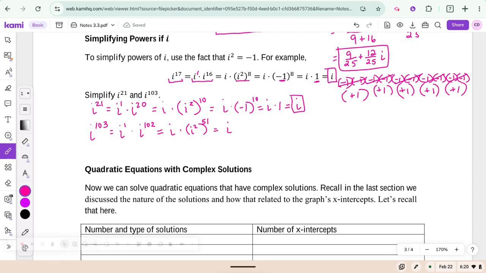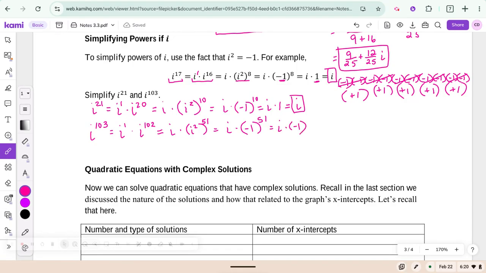So I have i squared as negative 1, but this time I'm taking negative 1 to an odd power. When you have an odd number of negative signs, they don't all cancel out, and you'll have an additional negative 1 hanging out there that doesn't cancel.